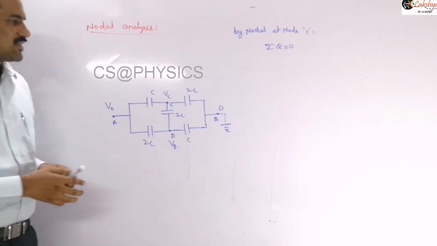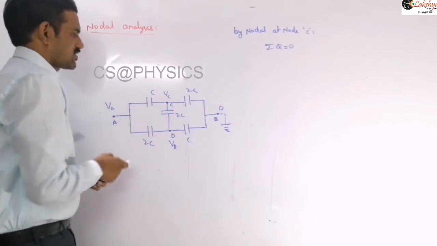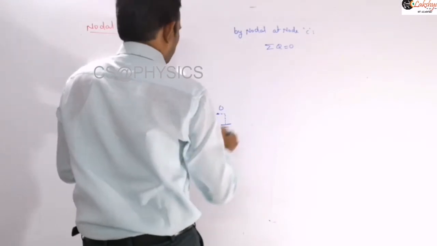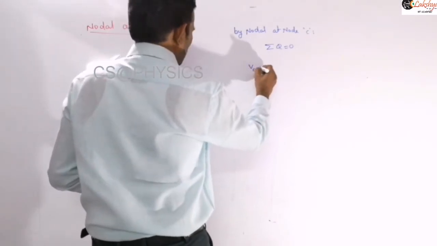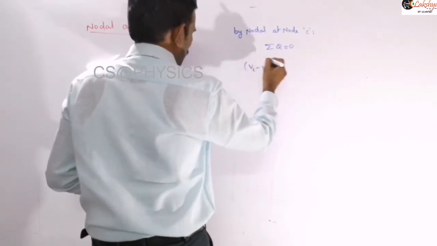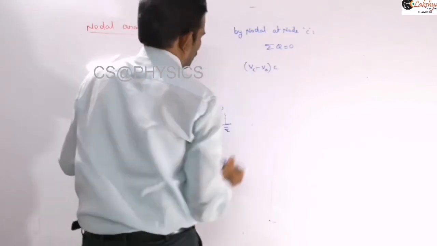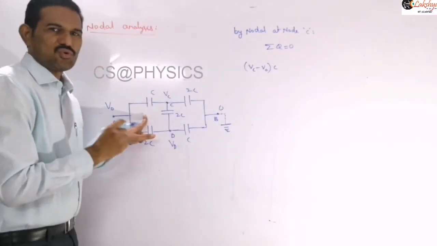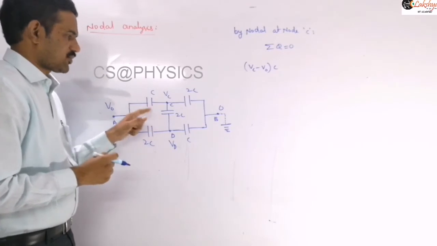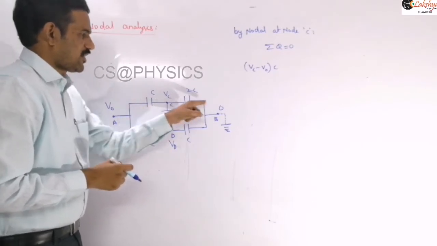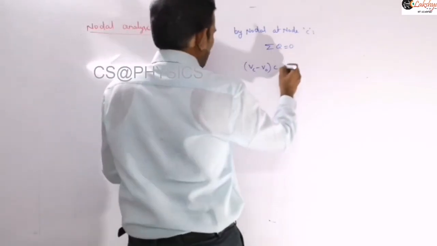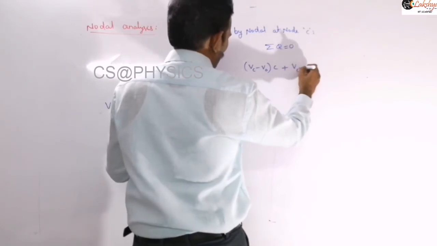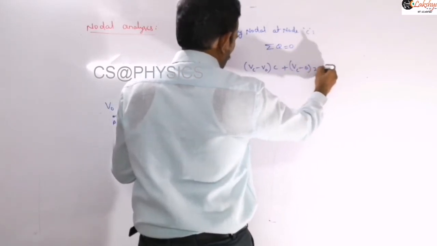So the charge flowing along this direction we can write as Vc minus V0 into C, since Q is equal to CV, where V is the potential difference. Now along this direction, Vc minus 0 into 2C.